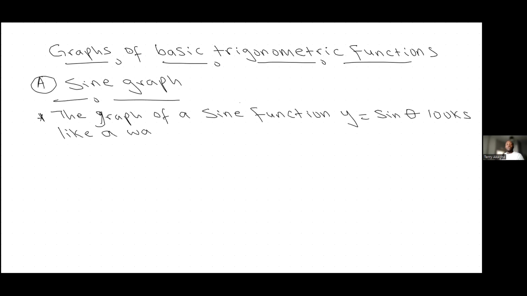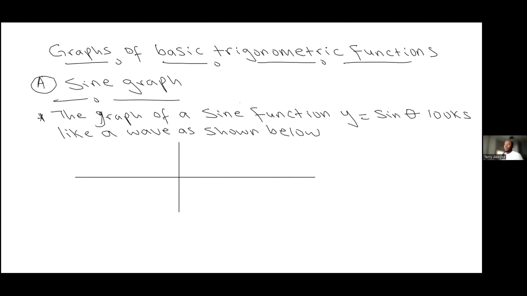I've shown it below, so I'm going to show you how the wave looks. I'm going to try to draw this now. So we have something like this. Then another one going like this.